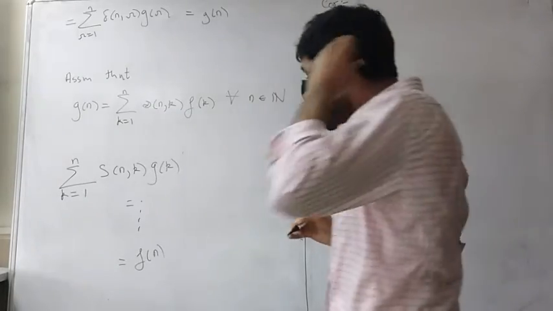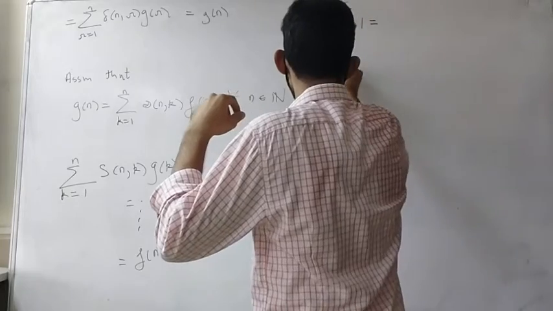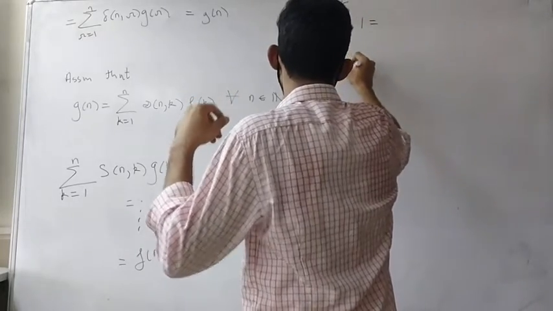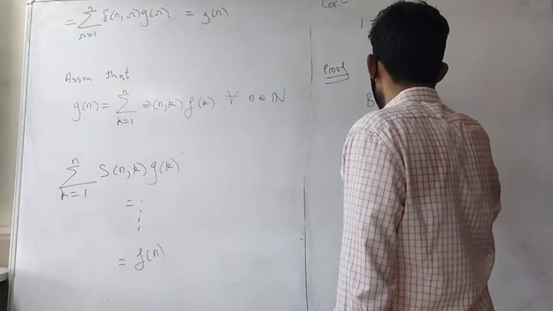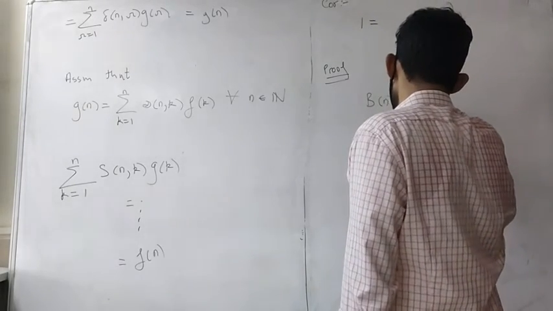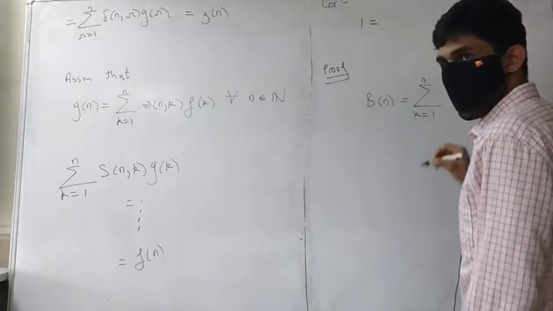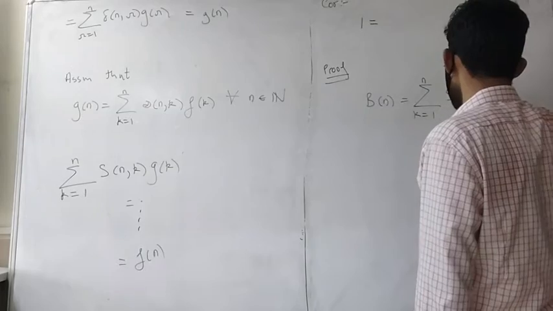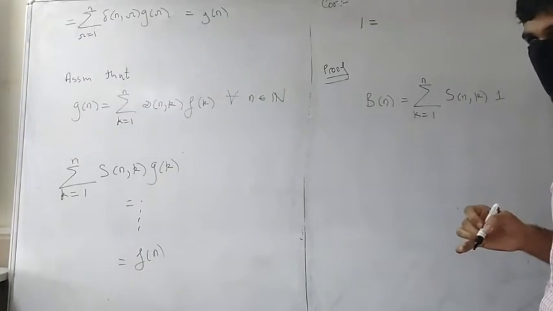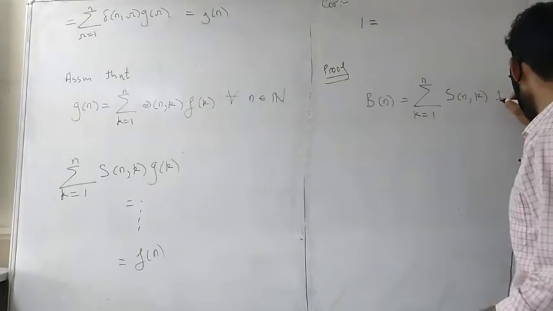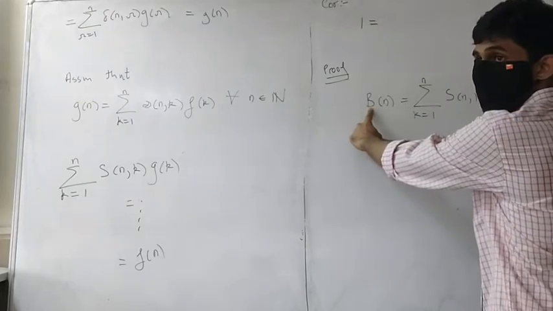So I know that B n is summation k going from 1 to n, capital S, this is the definition. So this is my f, this is my g.